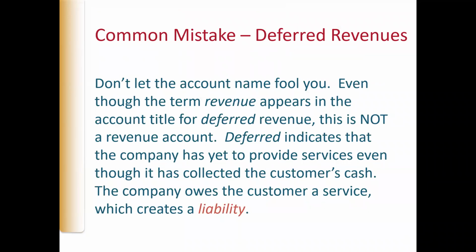Don't let the account name fool you. Even though the term revenue appears in the account title for deferred revenue, this is not a revenue account. Deferred indicates that the company has yet to provide services, even though it has collected the customer's cash. The company owes the customer a service, which creates the liability.